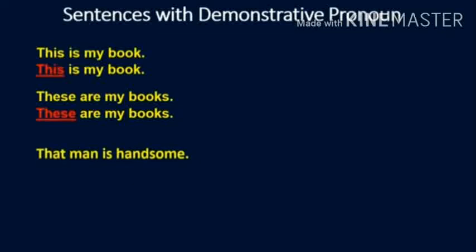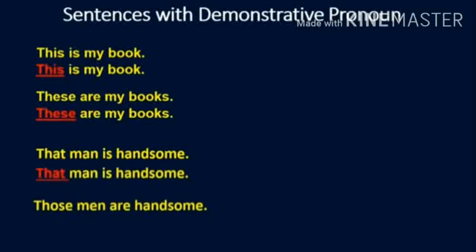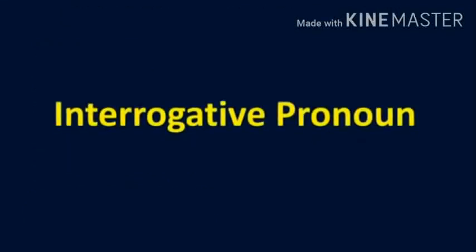The books that are close to me are described as these. That man is handsome. The man who is standing near that road, who is far away, that man is very handsome. So that is a demonstrative pronoun. Those men are handsome. The men who are in that ground, who are playing, those is a demonstrative pronoun, which is referring to far people.